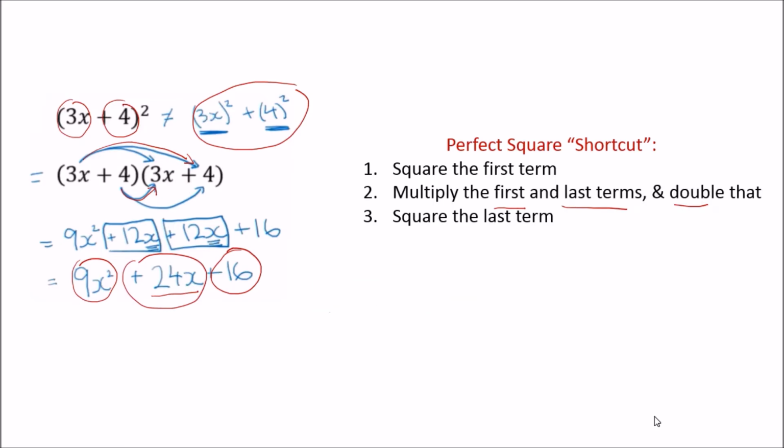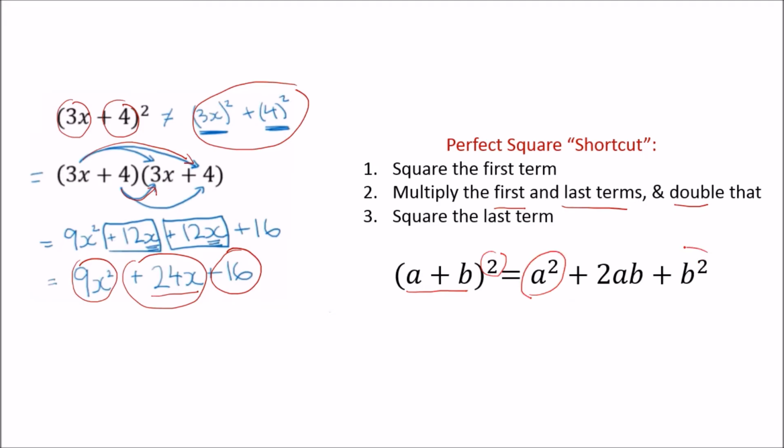You might see this in textbooks written like this. And that's just showing you that whatever your original binomial was, when you square it, you end up with the first term squared, at the end the last term squared, and in the middle we've got two lots of the first term times the last term, which is exactly what we had here, two lots of our first term times our last term.